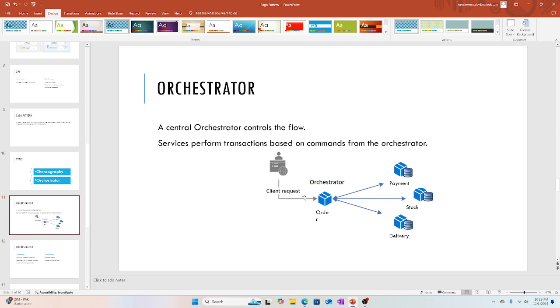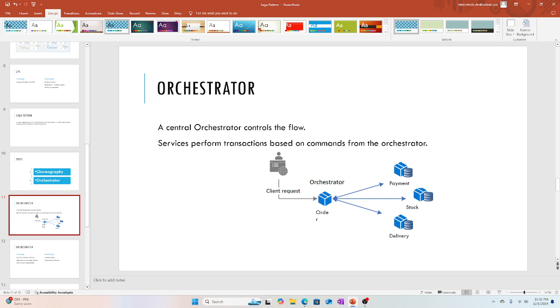Once it gets the order from the client, it passes the data to the payment service to complete the payment, to the stock service to update the latest stock after deducting the user's items, and to the delivery service. So there is one single service that communicates with the other microservices. This is called the orchestrator-based Saga pattern.